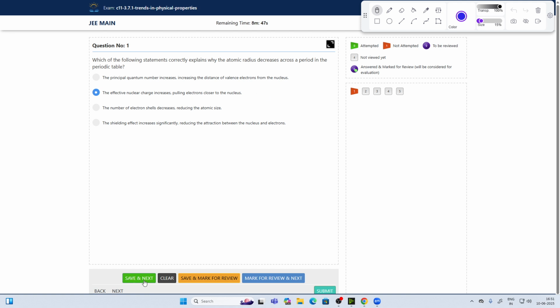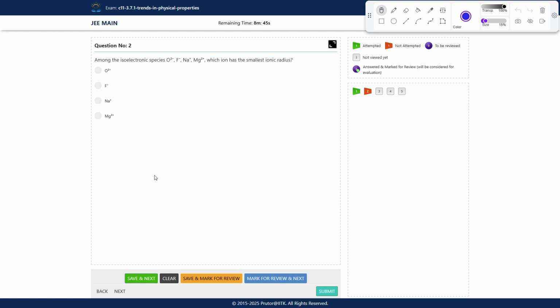Moving on to the next question. Among the isoelectronic species, which one has the smallest ionic radius? O2 minus, F minus, Na plus, and Mg2 plus.